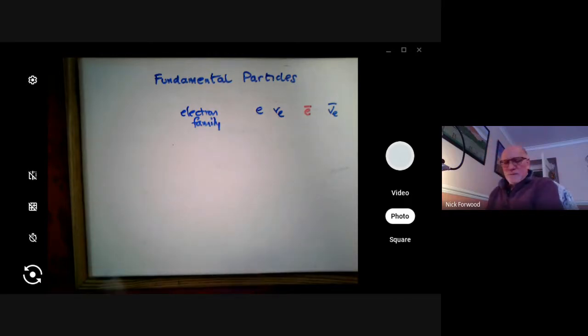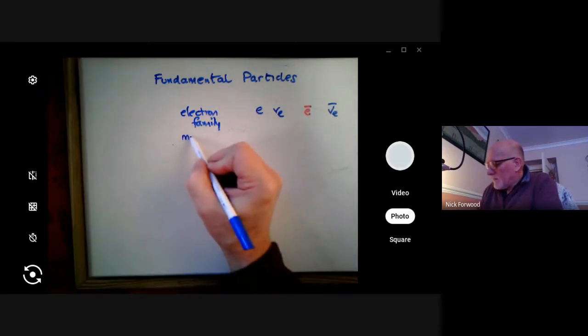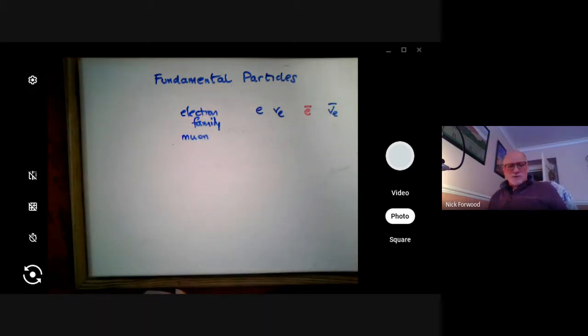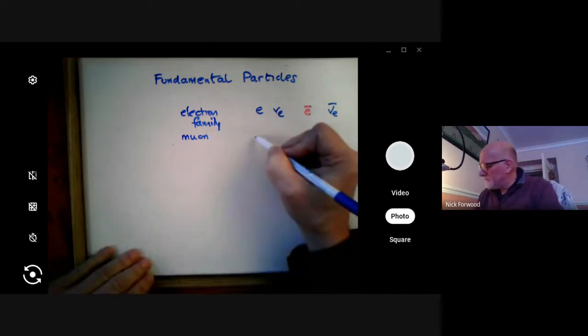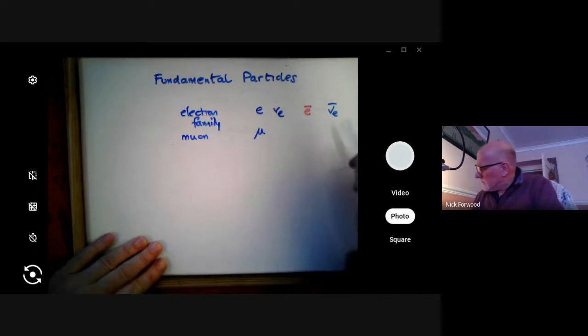The next one is called the muon family. And these particles all have symbols. So what have we got? We've got the muon, and we've got its anti-neutrino friend, which is an anti-muon neutrino.